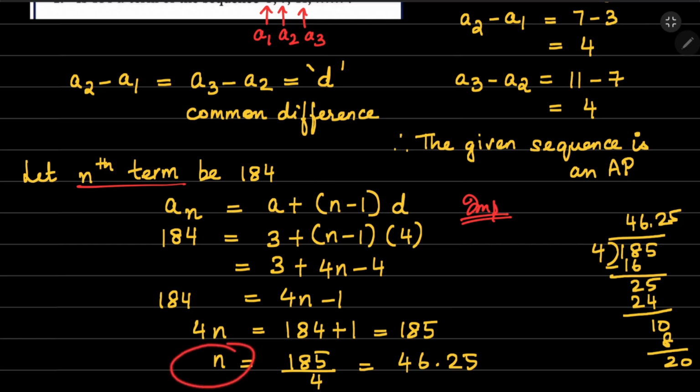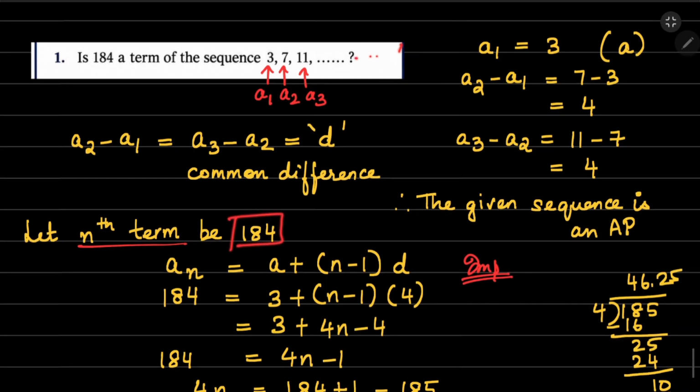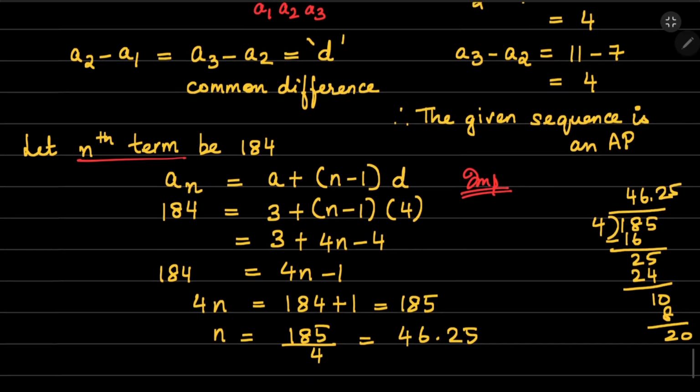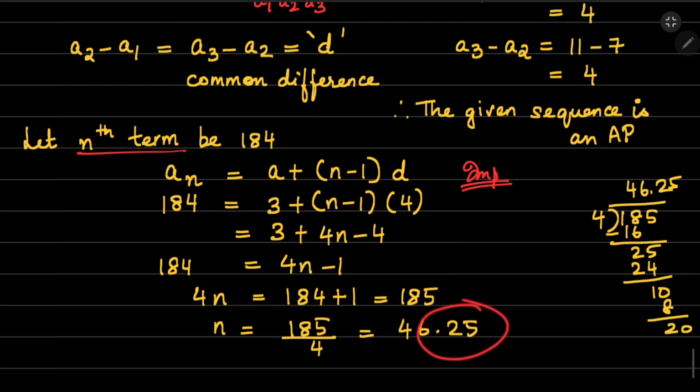If you had got n as 46 or 47, a whole number, then you can definitely say for sure that 184 is the 46th or 47th term in the given AP. If you had got n as 46, then you can say that yes, 184 is the 46th term in the AP. Now you cannot have a decimal number for n.